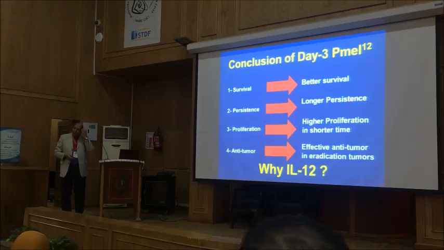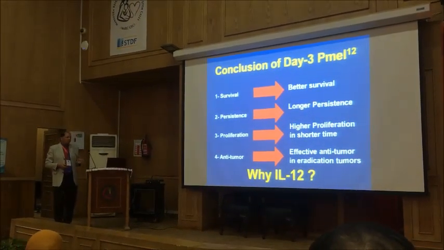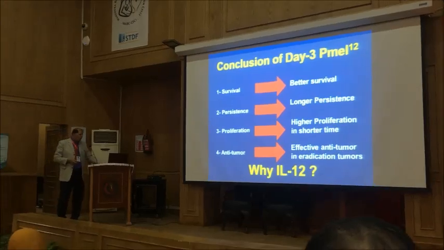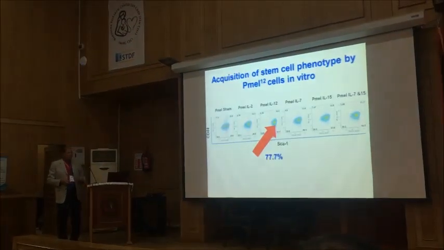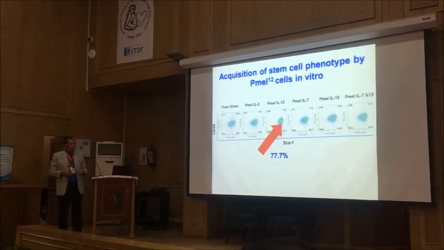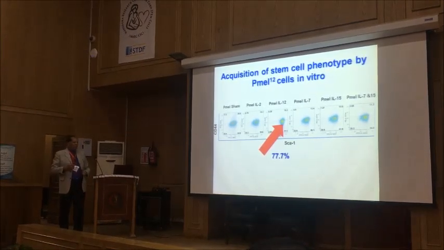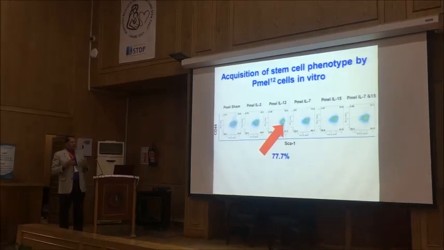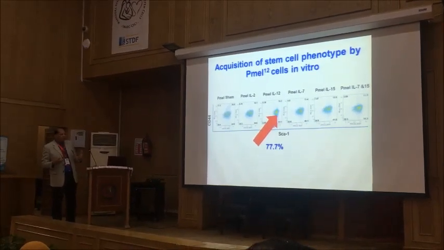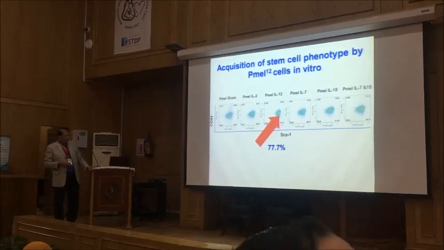Why do such 3 or 4 parameters occur nicely with IL-12, better than other cytokines? We started to think, as I told you, when we read this paper about the stem cell phenotype of these cells. This was something unusual to think this way, but it came after we read the paper of Restifo.